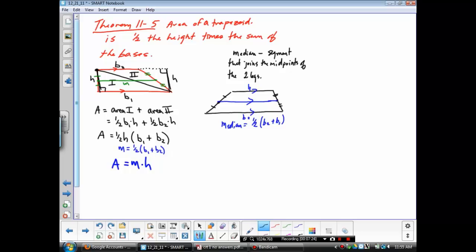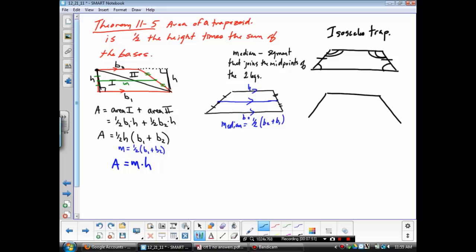An isosceles trapezoid has congruent legs, has congruent base angles, and when you draw an isosceles trapezoid and then put altitudes in, you're going to be forming a rectangle and two congruent triangles.